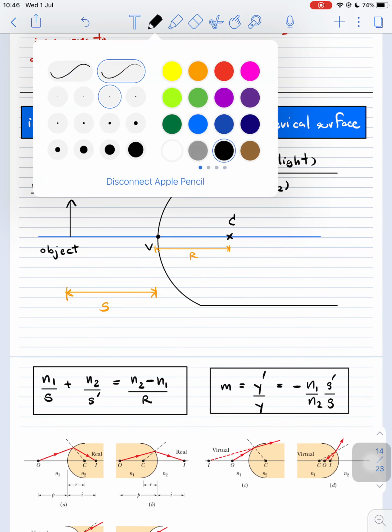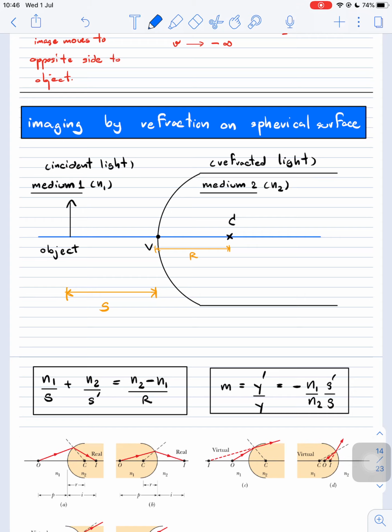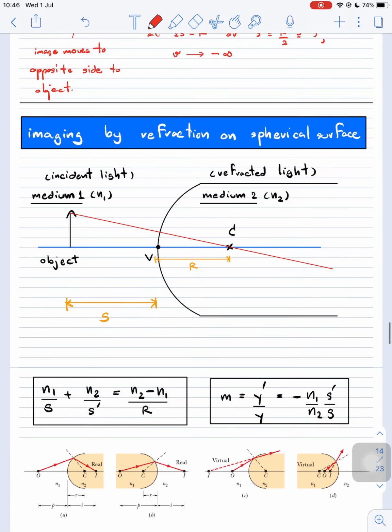Now we want to find the position of the image by the ray diagram. The idea is that we draw only two light rays, and that is enough to find the position of the image. The first one passes through the center of curvature. Why? If the light coming from the object passes through the center of curvature, the incident light must be perpendicular to this interface.